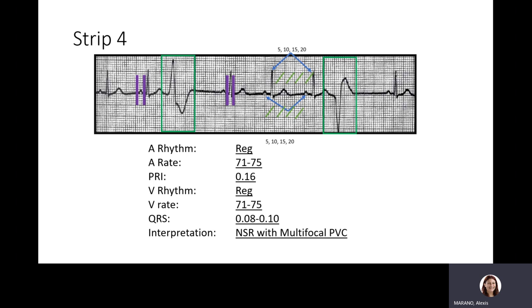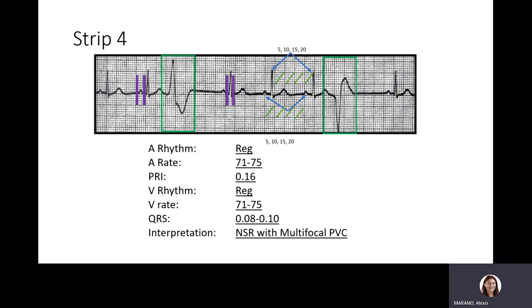Strip number 4. With your atrial rhythm, do they march out? Yes, making it regular. Your atrial rate, you'll count out 20 small boxes with your 1500 rule, giving you a rate of anywhere between 71 to 75.